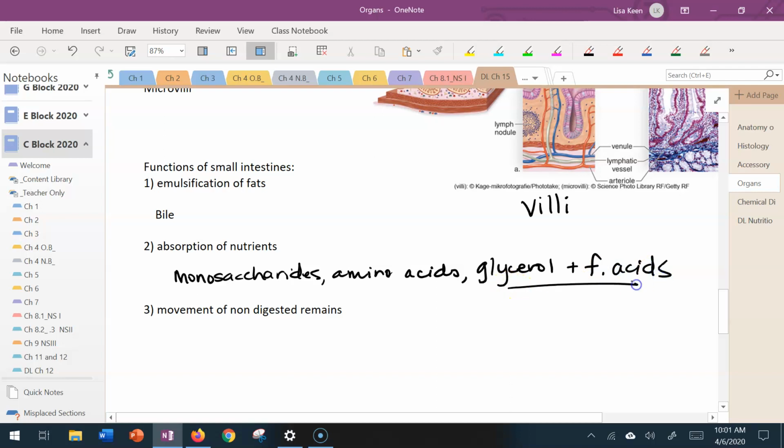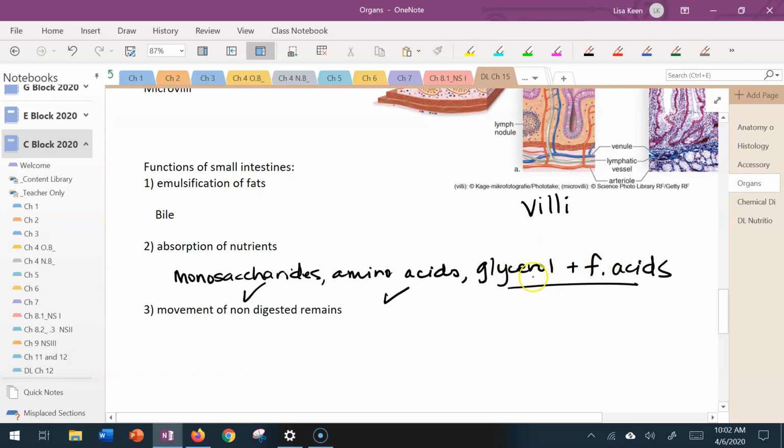But remember, lipids are non-soluble. They will not go into solution and be absorbed as easily as the carbohydrates and the proteins. And so another function of the small intestines is to emulsify the fats. So here are the fat components.